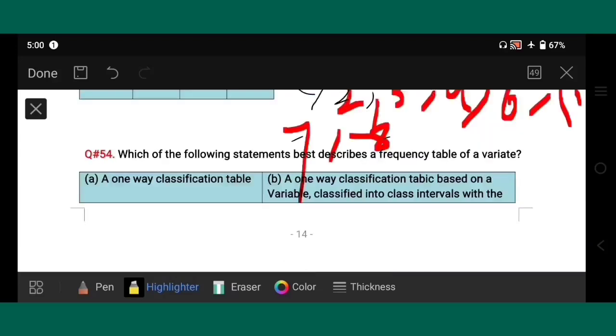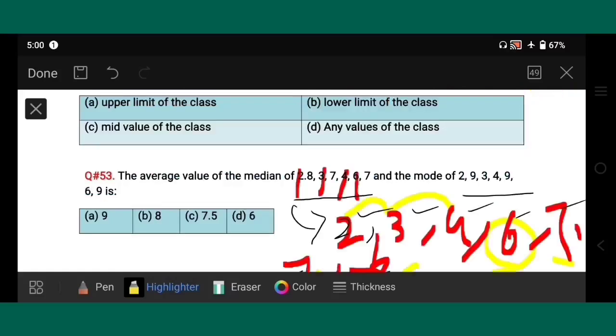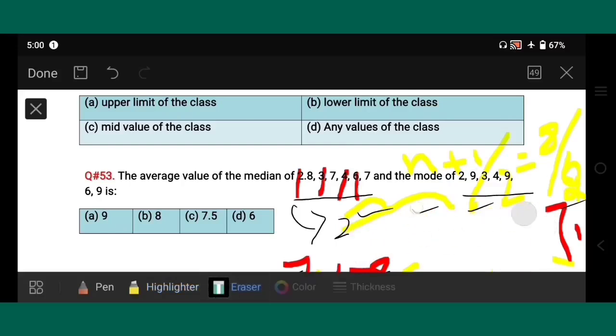So the mid value is this one, that is 6. The mid value is 6. This is the median, or just by using the formula n plus 1 by 2. So n is 7, so 8 by 2. So it gives 4. So the fourth value is, this is the first, second, third, and this is the fourth one. So 6 is the median.